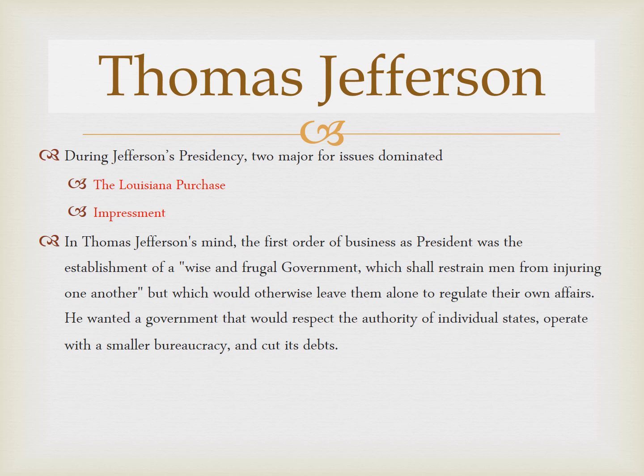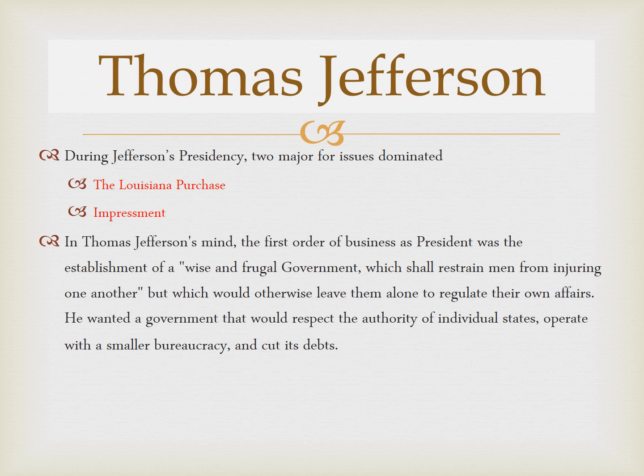And the reason why I want to talk about them, one is the Louisiana Purchase, and one is the problems of impressment and some issues that the United States was having with the British and the French, is because both of these events, both of these situations, are going to have long-lasting consequences for the United States. For the Louisiana Purchase, as mentioned earlier, it's going to pave the way for America's manifest destiny.